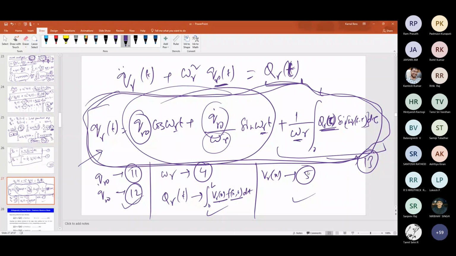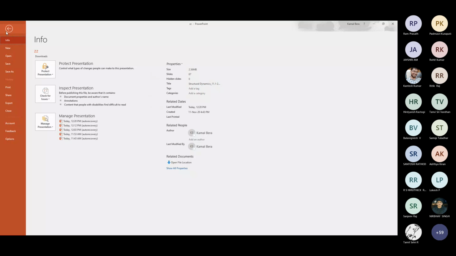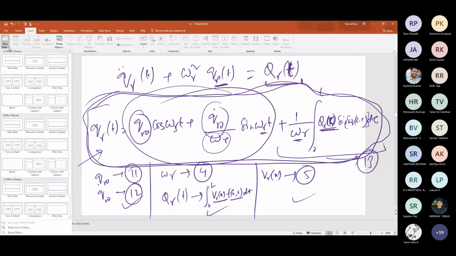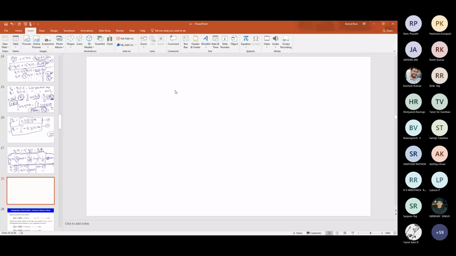Now, once you have the displacement, you can find the bending moment and shear force in a very simple manner. Got it? You can find the moment and the shear forces also, because moment will be EI del squared V by del x squared.